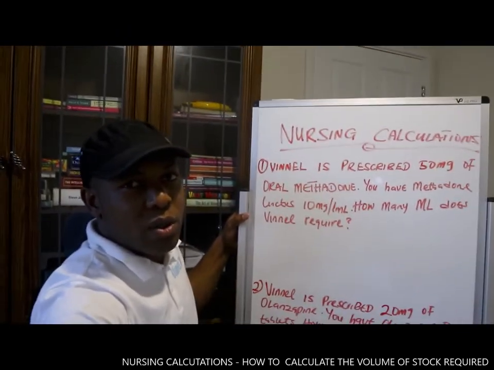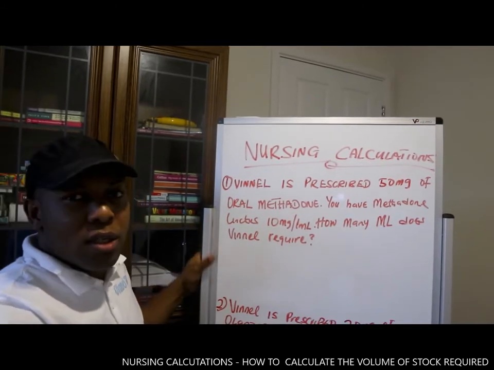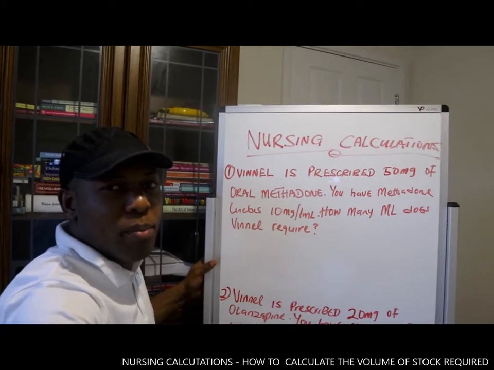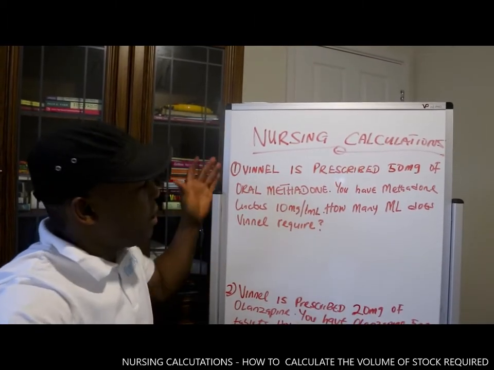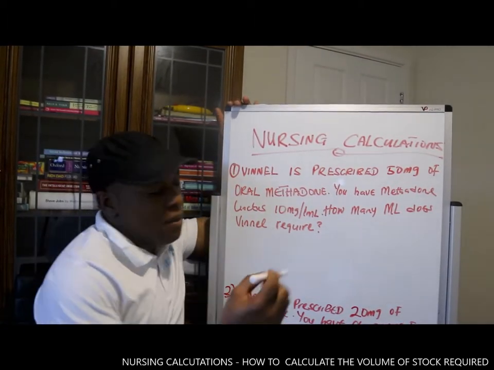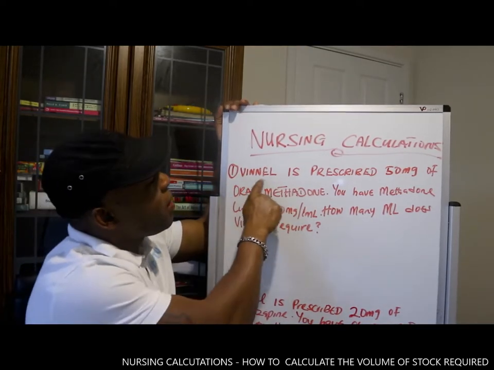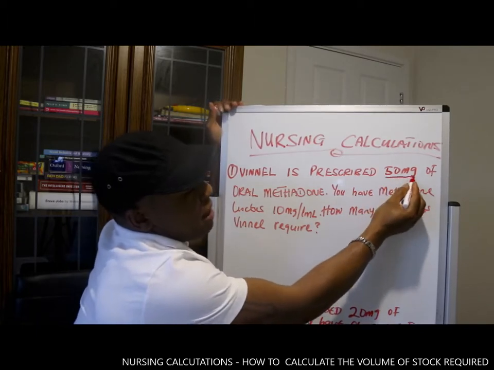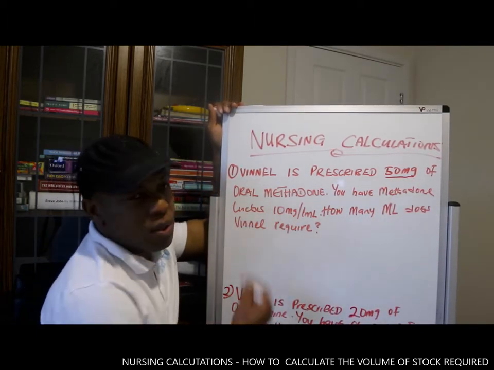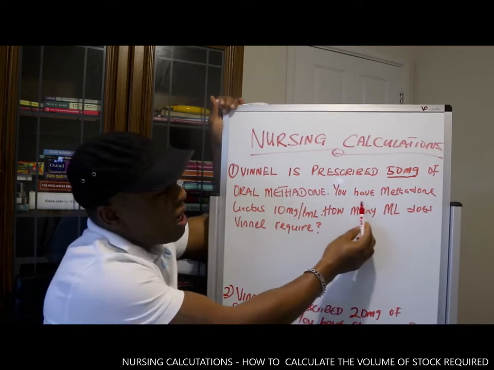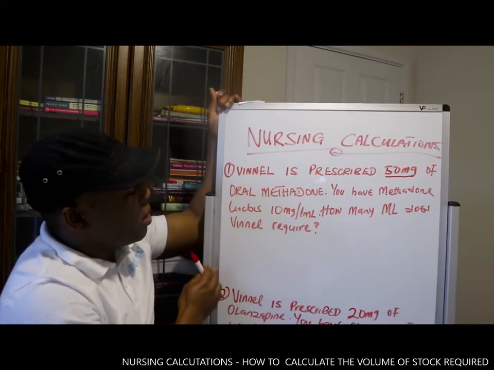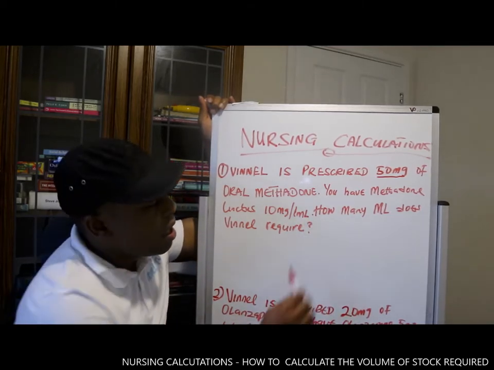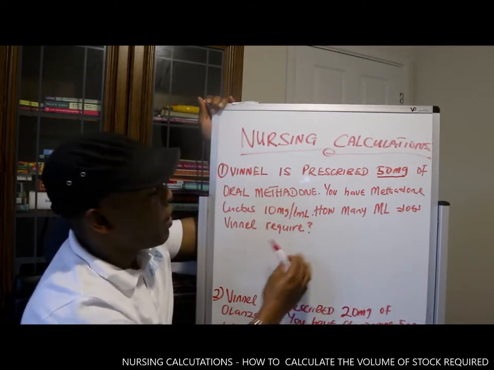Some of the questions you might get as a student, or during your practice as a nurse, for instance, the question here: Vinyl is prescribed 50 milligrams of oral methadone, and you have methadone linctus 10 milligrams in 1 ml. How many ml does Vinyl require?